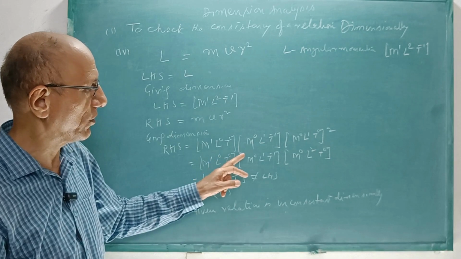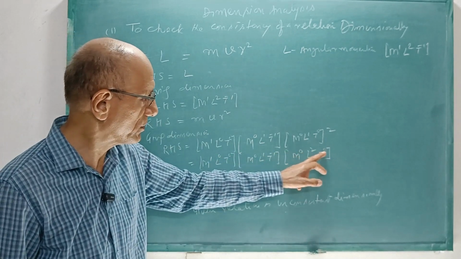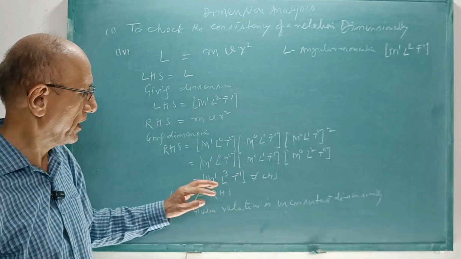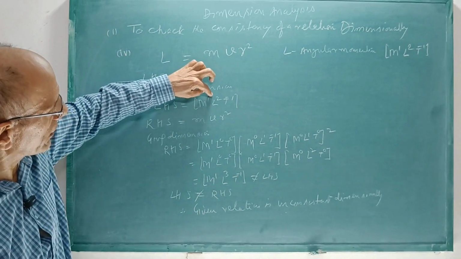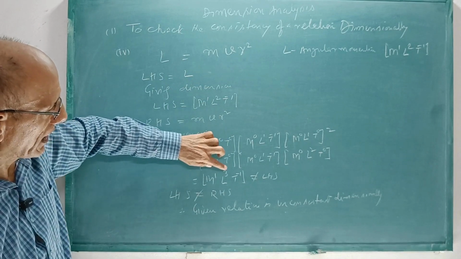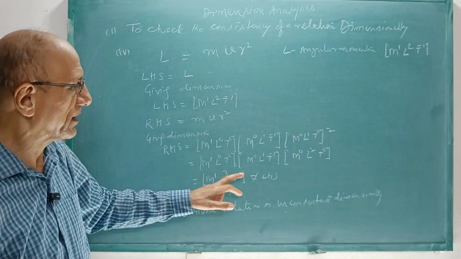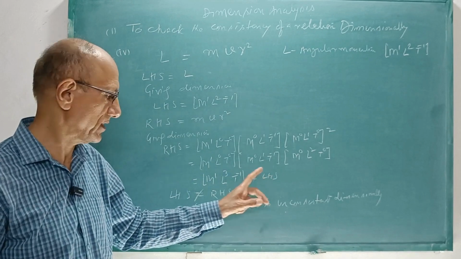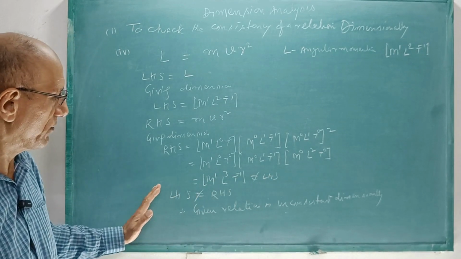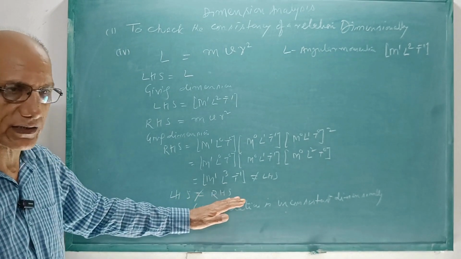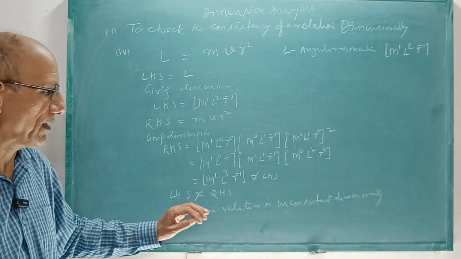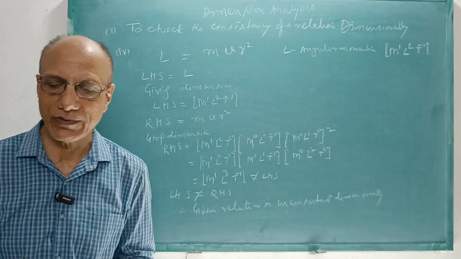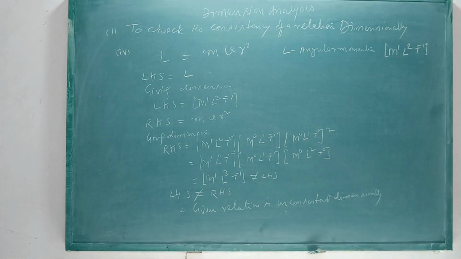Time is 0 minus 1 and 0, so this is T minus 1. So since here it is M1 L2 T minus 1, here it is M1 L3 T minus 1, that means this is not equal to LHS. Therefore here we are getting LHS is not equal to RHS. Therefore the given relation is inconsistent dimensionally or dimensionally incorrect.